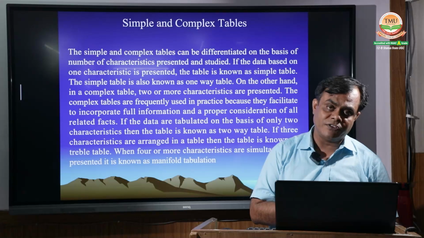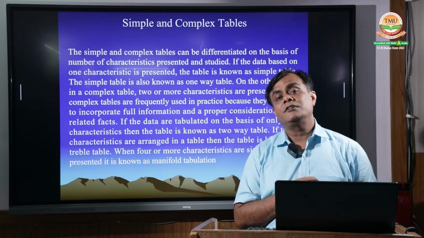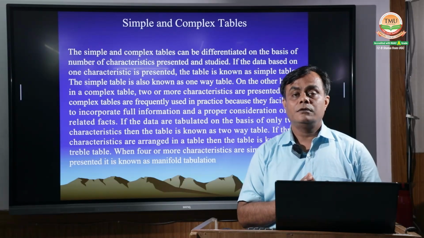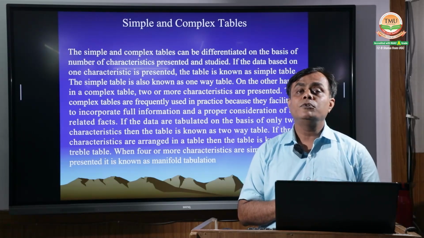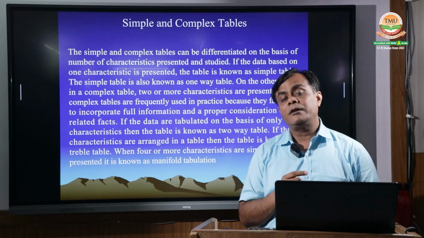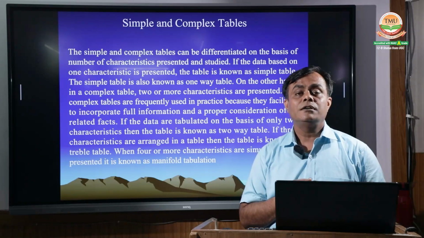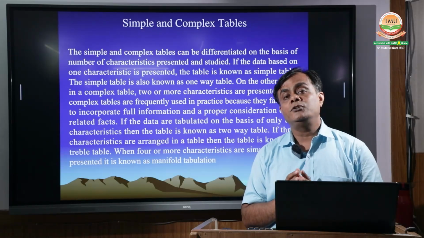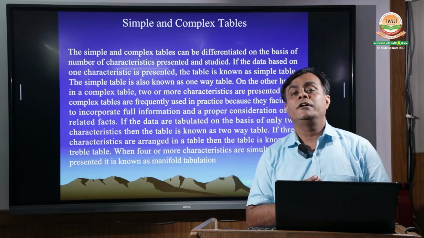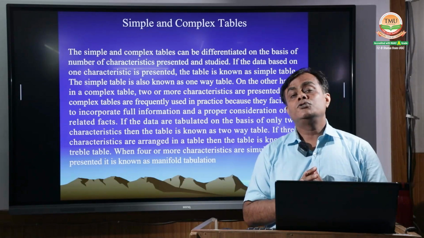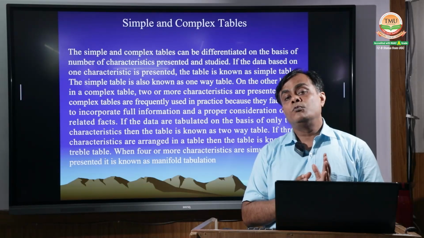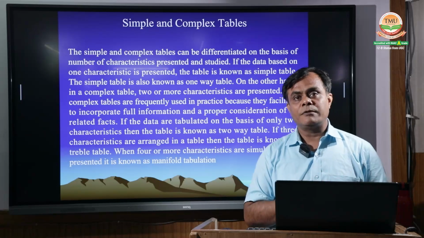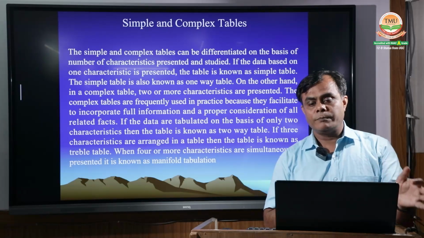Again I am repeating: if data have one characteristic, that is called a simple table, also a one-way table; two characteristics, a two-way table; three characteristics, a three-way table; and more than three characteristics, a manifold table. So a complex table has two or more characteristics. I think you are able to understand simple and complex tables.